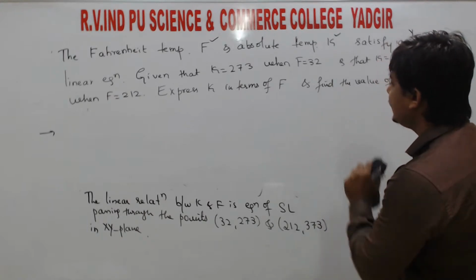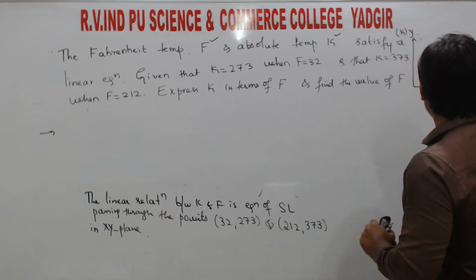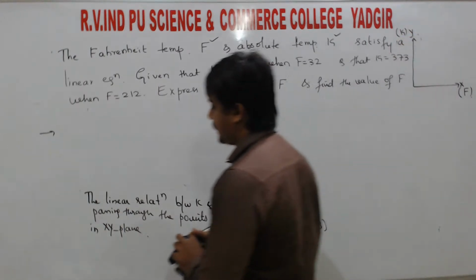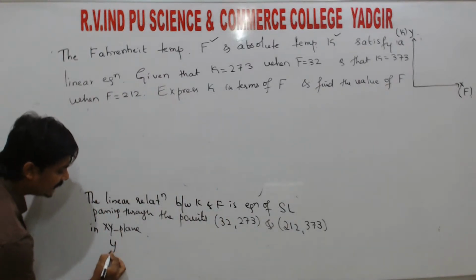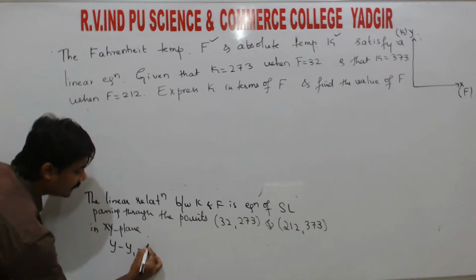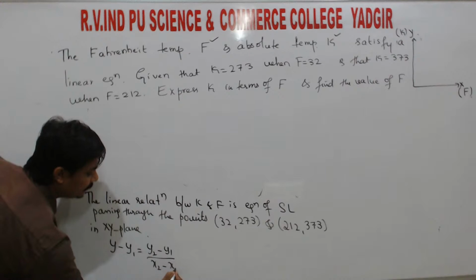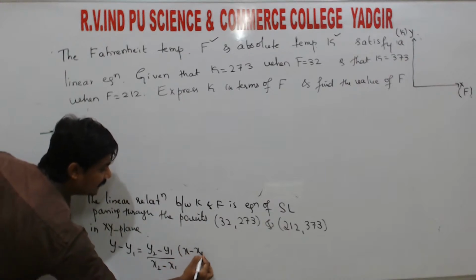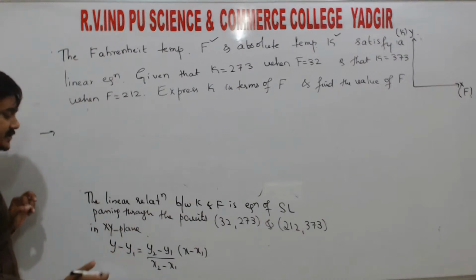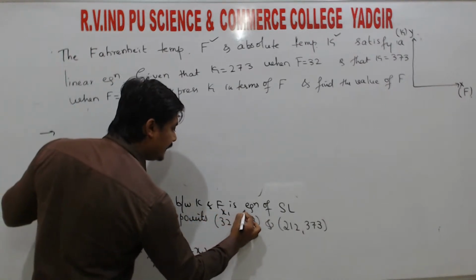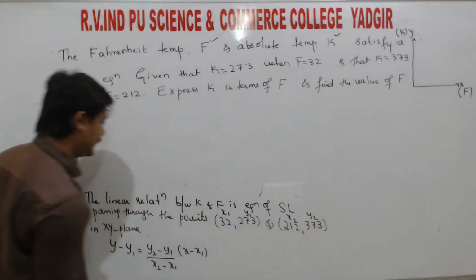So along y-axis we have taken K, along x-axis we have taken F. Right? So we will use the 2-point form of the straight line equation, which is y minus y1 equals y2 minus y1 divided by x2 minus x1 into x minus x1. Suppose one point has coordinates x1, y1 and another point x2, y2.